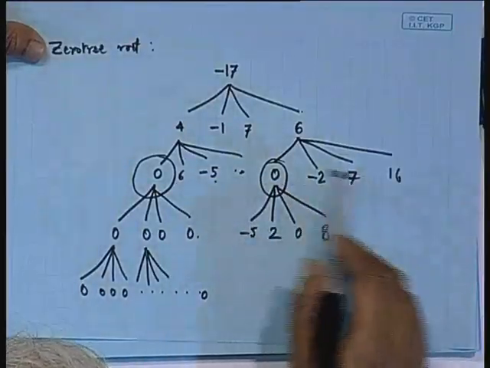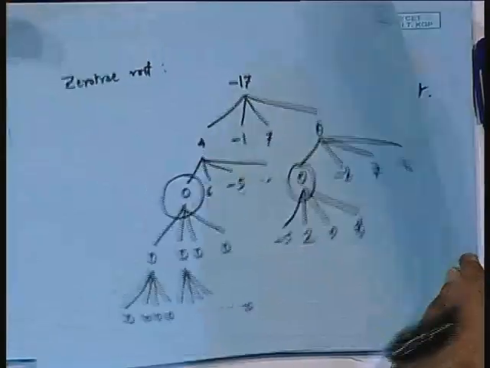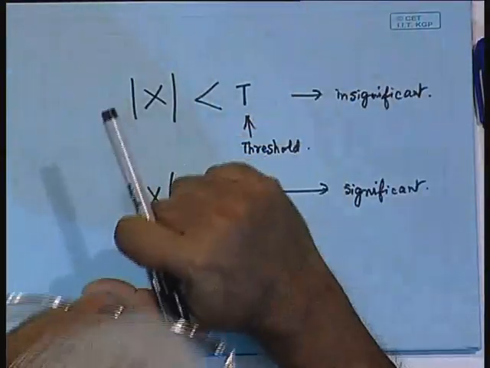I had shown numerical values, but rather than considering minus 6, 5 and all these things, you could take all of the others to be significant or insignificant. So, it is a binary decision, insignificant or significant, but that is with respect to a threshold.